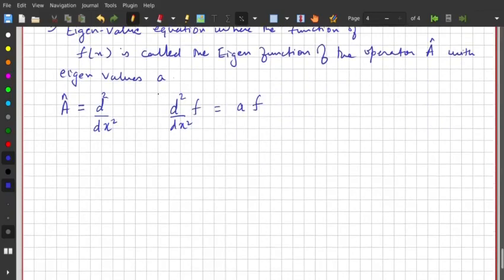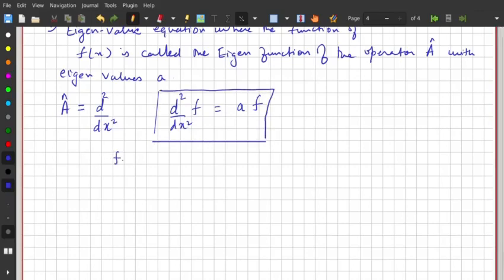Just by eyeballing the equation, you can see what we are looking at. We need a function whose second derivative is somehow related to the function itself. One such family is the trigonometric functions, if you think about it.